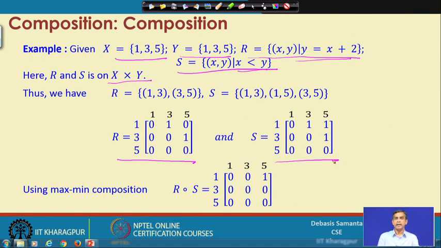Okay. So, these are the two relations obtained from the two crisp sets X and Y. Now, having these relations, we can find the composition of the two.